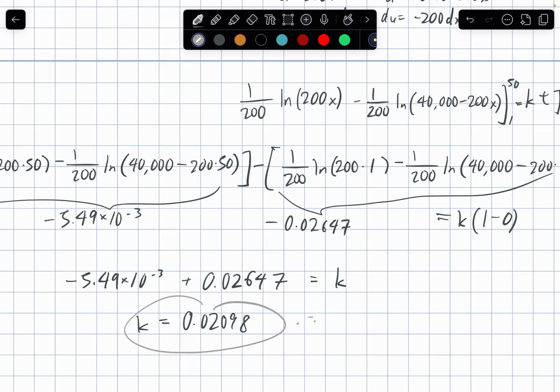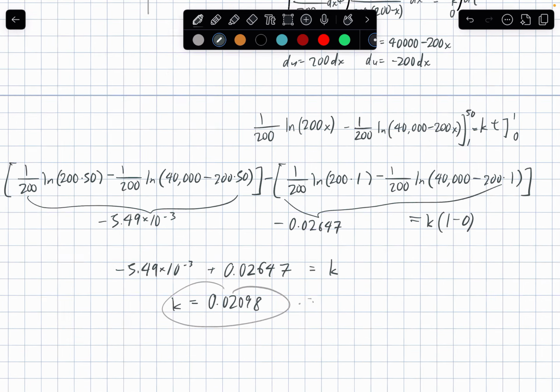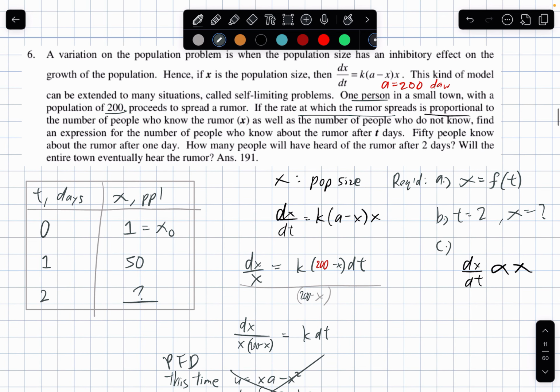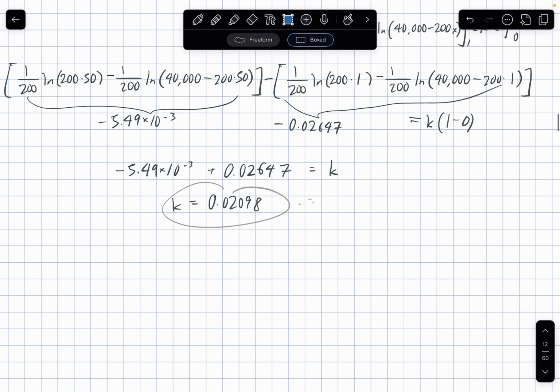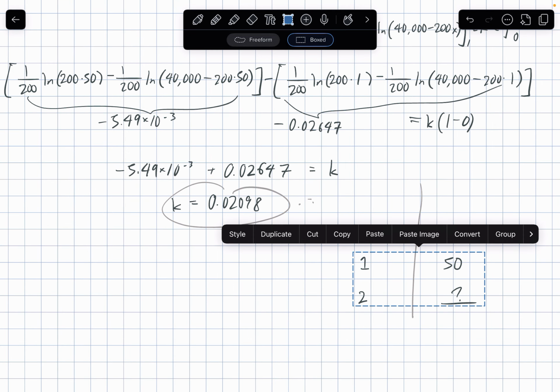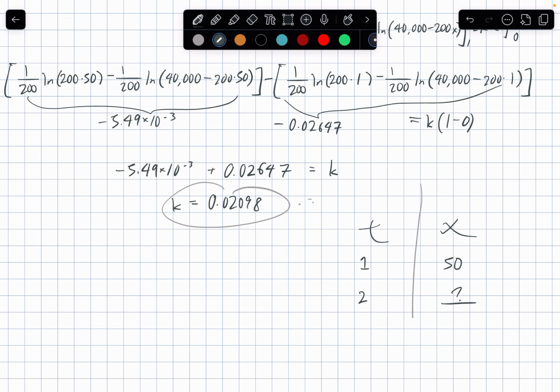Okay, so we were able to find our k value. Let's now use either one of these two pairs, and given t is equal to 2, we find x. Again, this is time, this is x.